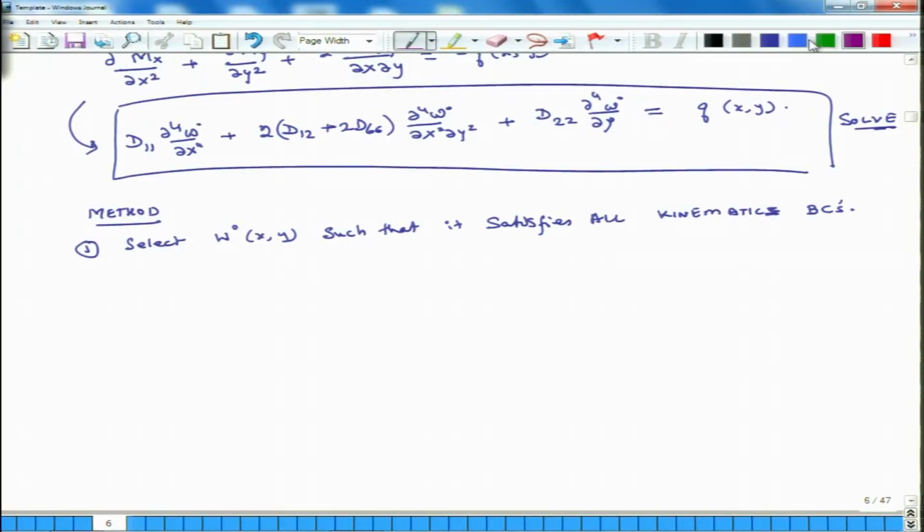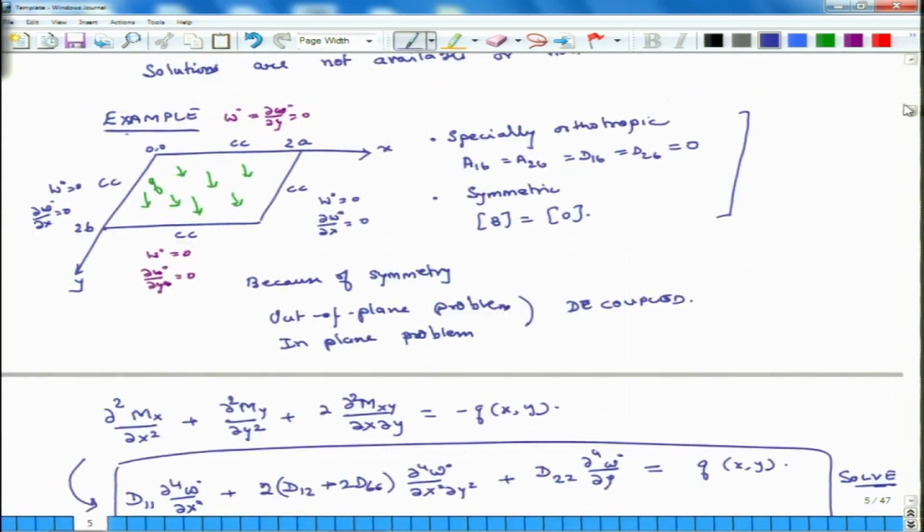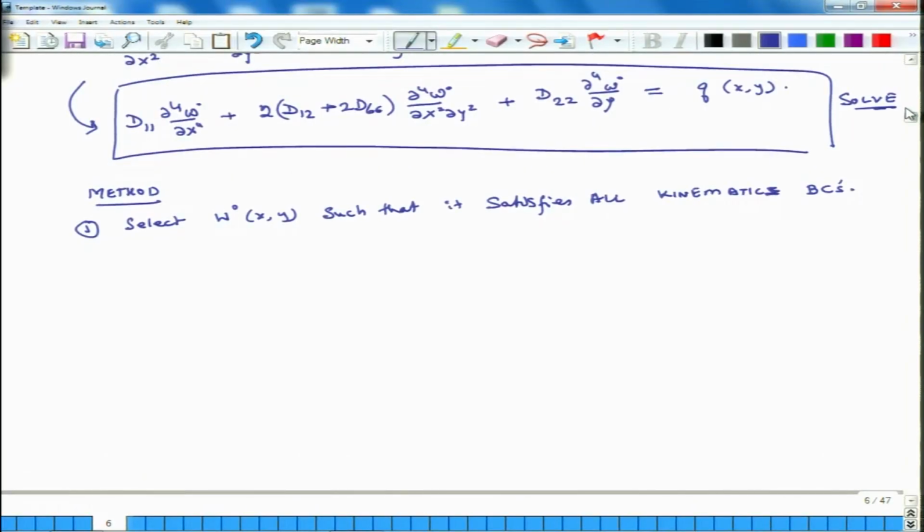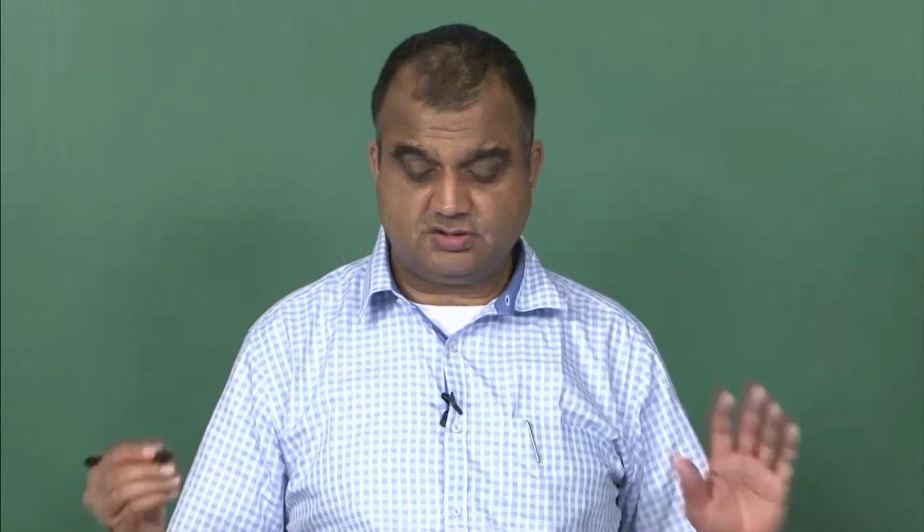So, we have to select a function which satisfies all the kinematic boundary conditions. In the earlier method which we had discussed, the function had to satisfy all the boundary conditions, not only kinematic boundary conditions, and also the governing differential equation. Here we are saying that the formula or the relation for w need not satisfy the governing differential equation. It need not satisfy non-kinematic boundary conditions, it only has to satisfy the kinematic boundary conditions.